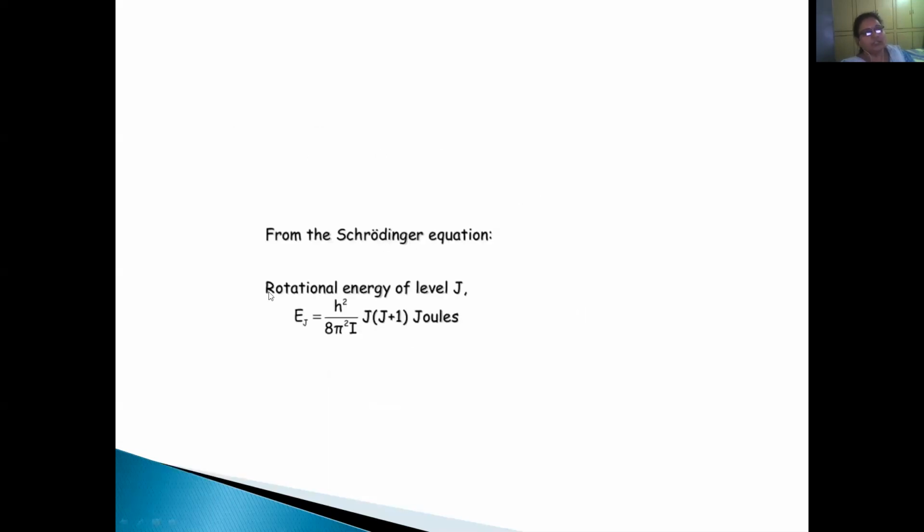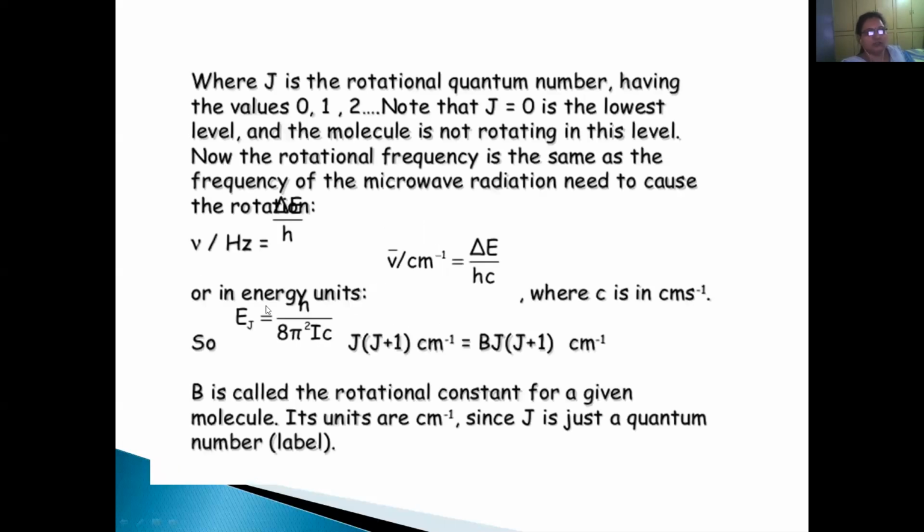From the Schrodinger wave equation, we have the rotational energy of level J, that is E_J is equal to h squared by 8 pi squared I times J(J plus 1) joules, where J is the rotational quantum number. Now we have the energy with us. So nu is equal to what now? Delta E by h.